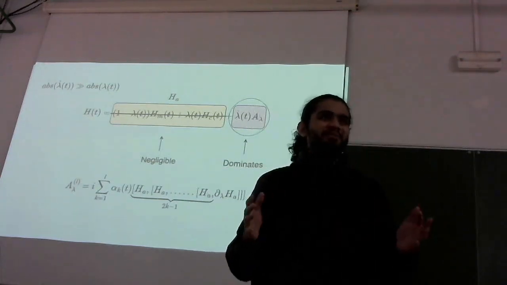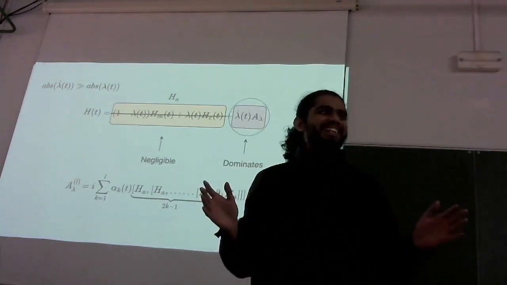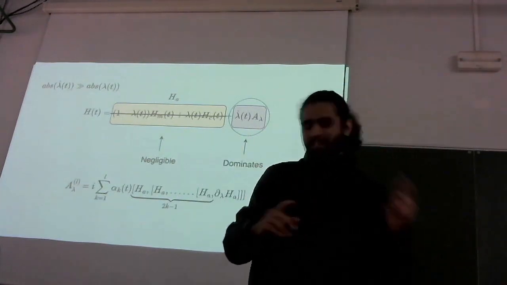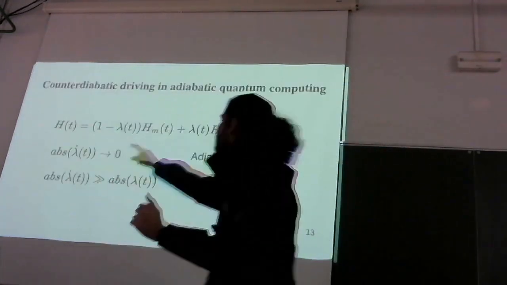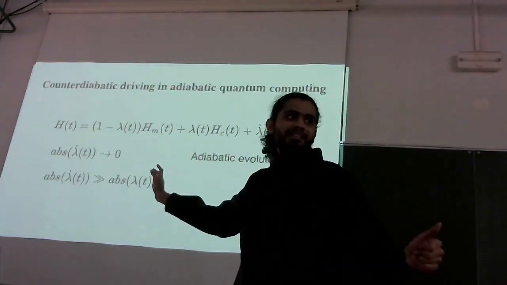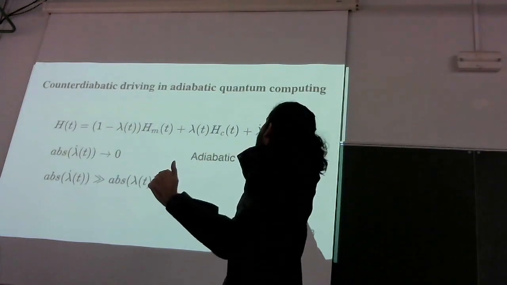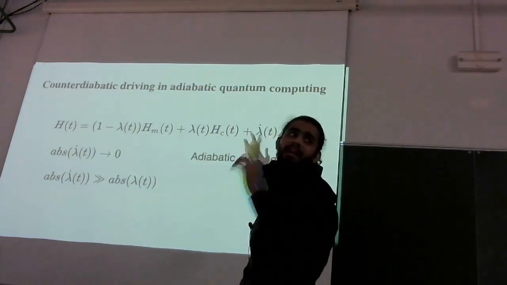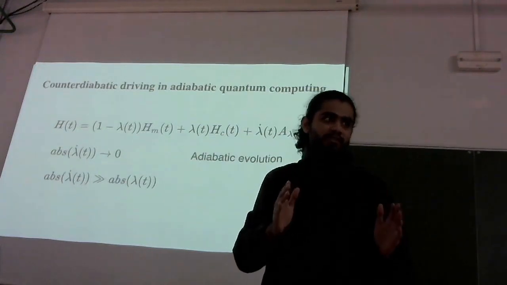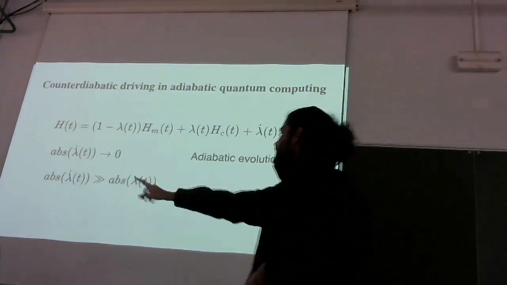You guys look so confused right now. Can I repeat? Okay. So this is the counterdiabatic Hamiltonian, and this is the CD term. I find some arbitrary lambda, an arbitrary scheduling function, for which this condition is satisfied.